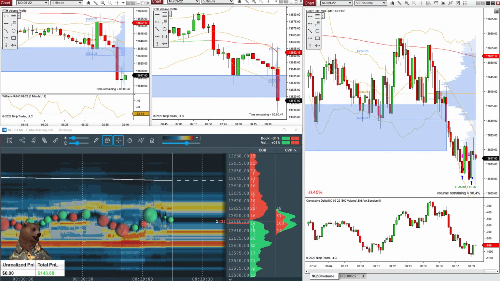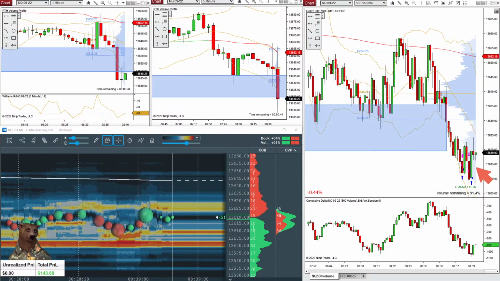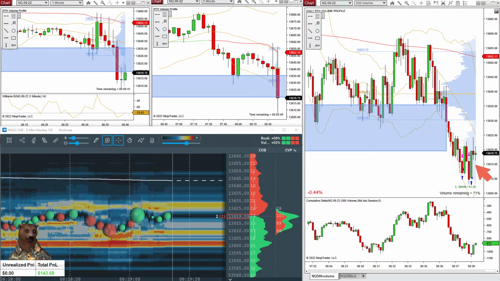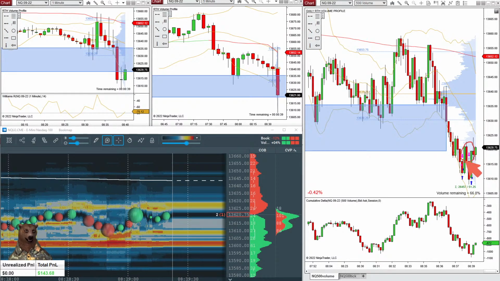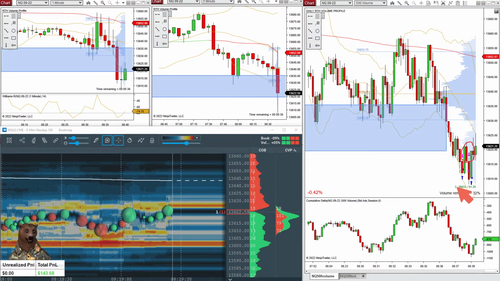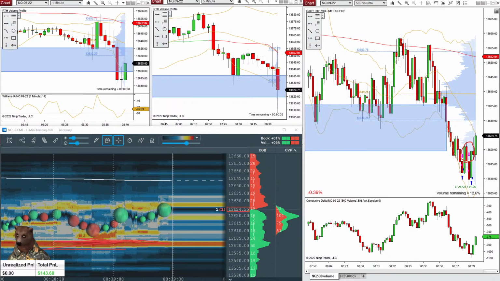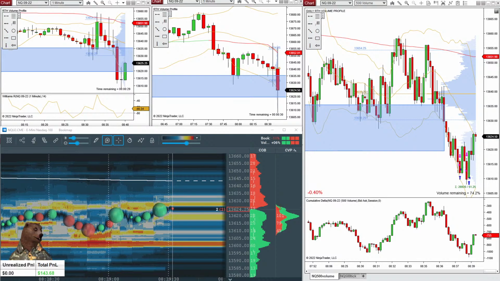I got a pretty bad fill on it, meaning that's just where I put my order. I was using hotkeys. I was looking at something else, but I should have shorted on this candle right there. Now we've come down. We've hit this larger area of orders. It's bouncing off of it, so we're just scalping the thing now.